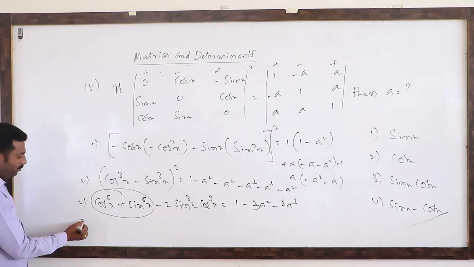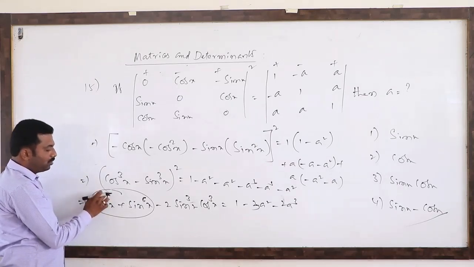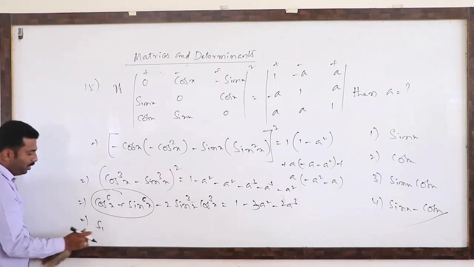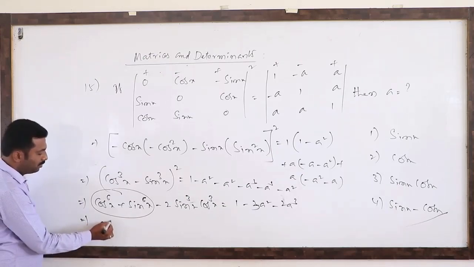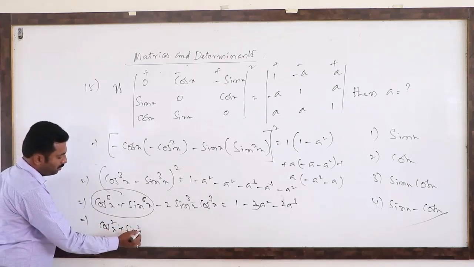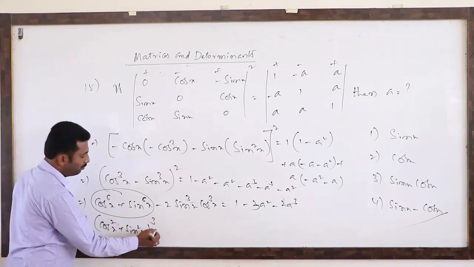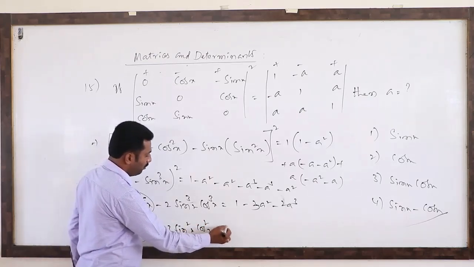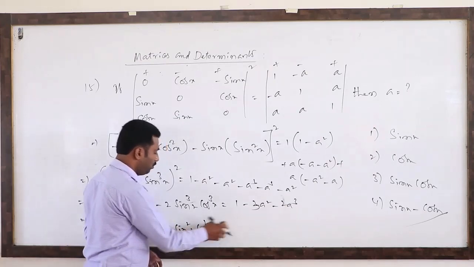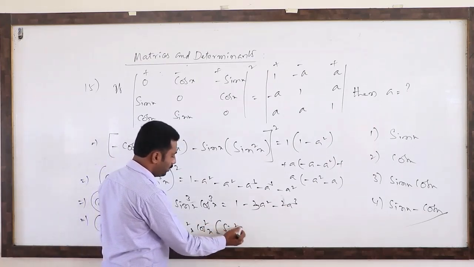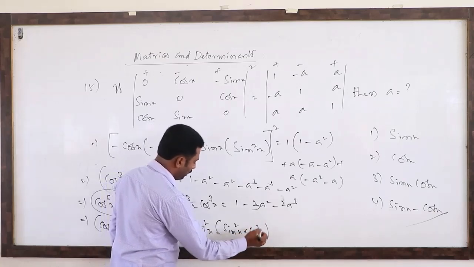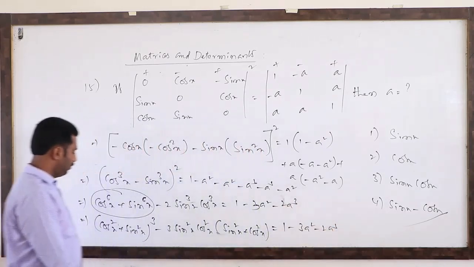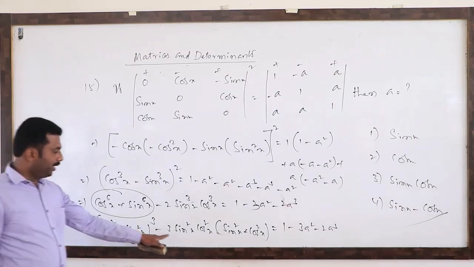A cube plus b cube is there, so how to write this one? cos square x plus sin square x whole cube minus 3 into sin square x into cos square x into a plus b, which is sin square x plus cos square x equal to 1, minus 3a square minus 2a cube. So anyhow this is 1, this is also 1.